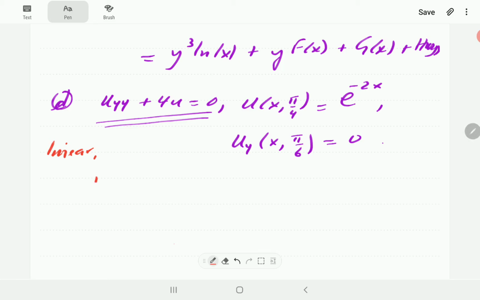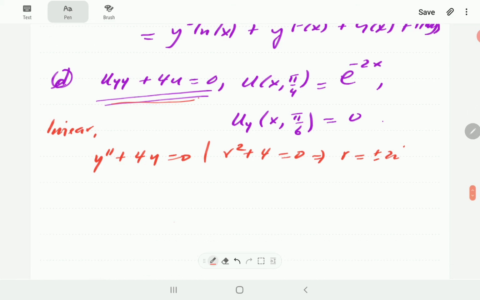So the ODE would look something like this, of which then the auxiliary equation would look something like that, from which r would be plus or minus 2i. So we're going to do the same thing here. Then the general solution of this is going to be not y but u.